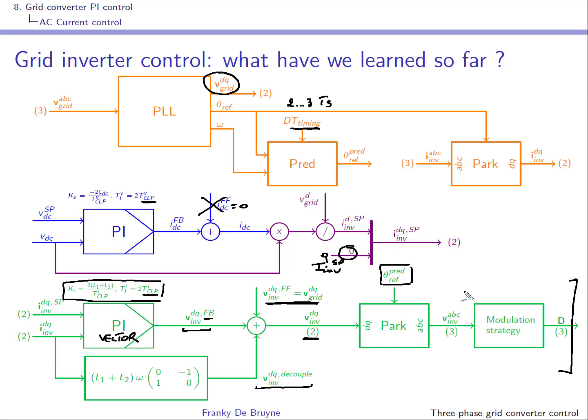This is our inverter voltage. In reality, you need to transform this inverter voltage, as we have seen, into a duty cycle. In your simulation, you're not going to do that. You're going to use this directly and send it to the input of your model. In reality, in the background, there is this duty cycle that is being computed and sent to the actual system.